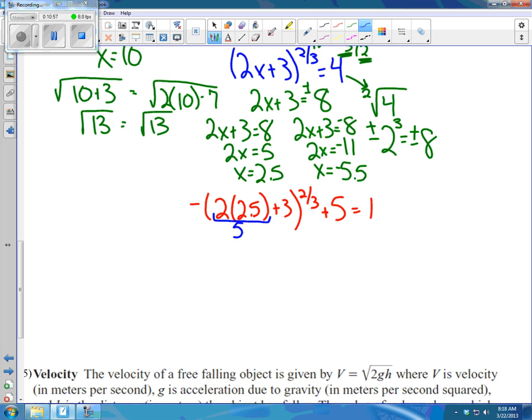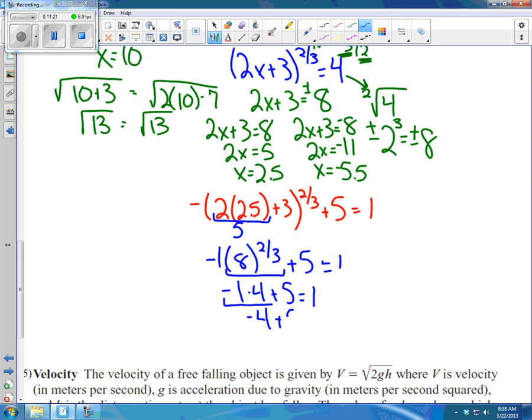And then the 5 plus 3 is 8. And remember, this is like a negative 1. So when I type in 8 to the 2/3 power, 8 to the 2/3 power is the same as 4. And then I'm going to multiply and I get negative 4. And when I add that to 5, I do get 1. So 2.5 works. I can put that in my answer.